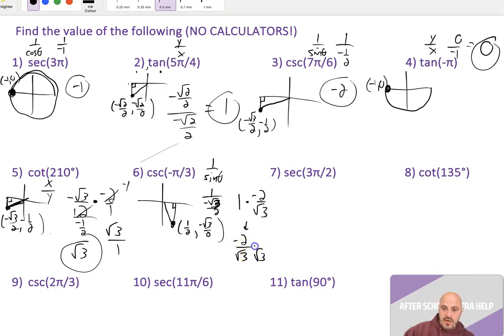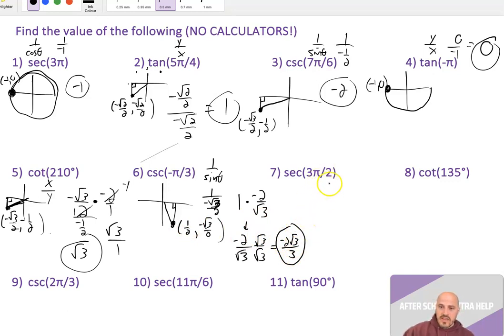Let's multiply by a clever form of 1, root 3 over root 3. Negative 2 times root 3 over root 3 times root 3, which is 3. I get negative 2 root 3 over 3. This is another one of those frequent answers that we'll see. We have more than last time, when we were just finding values of sine and cosine, but again, these end up repeating also.